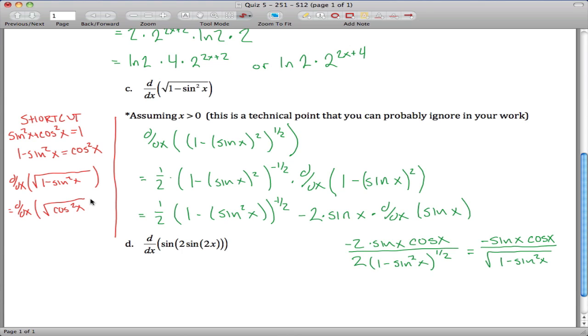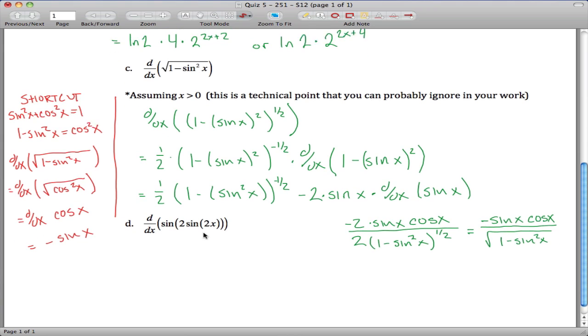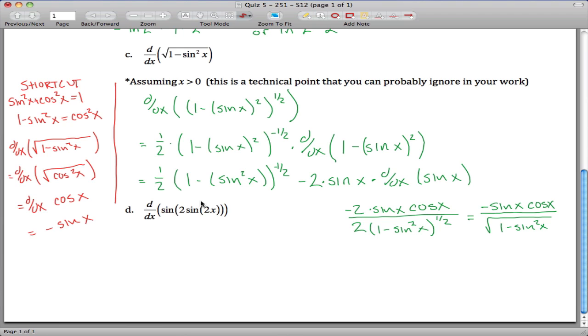And the square root and the squared kind of cancel each other out. You need an absolute value sign except that x is greater than 0, so we can just leave this as, we're saying what's the derivative of cosine of x, and we know that the derivative of cosine is negative sine of x.